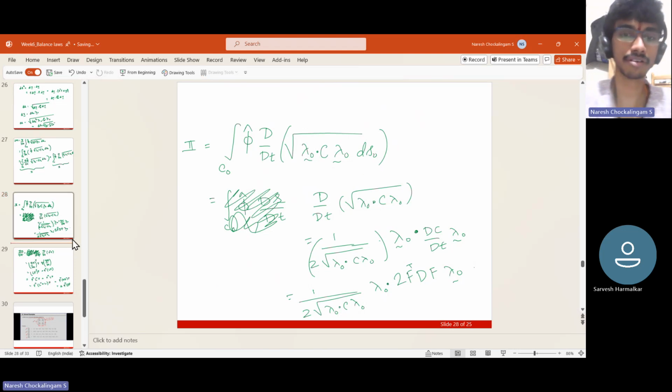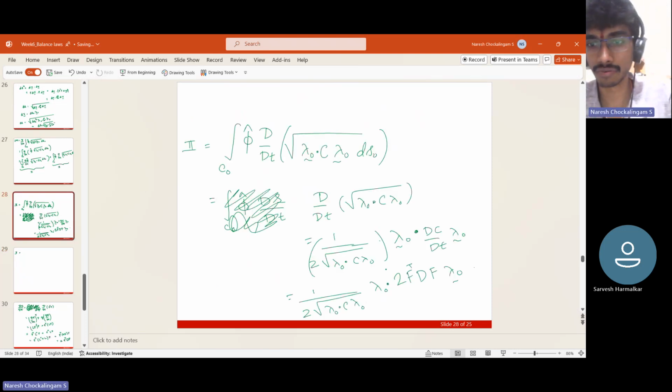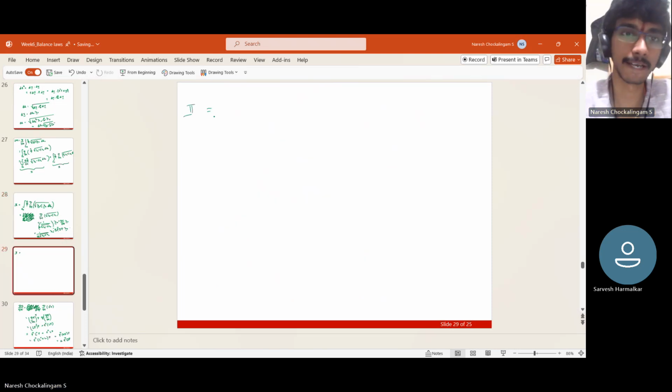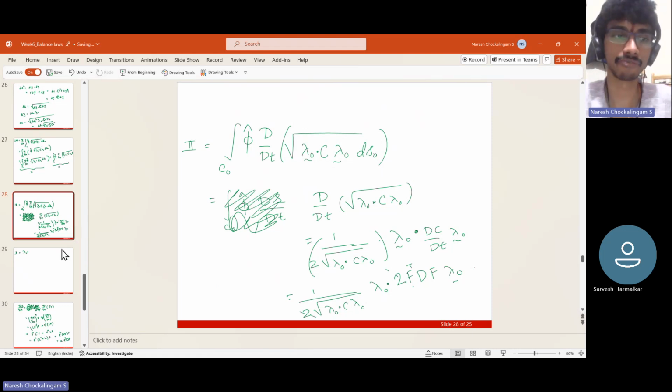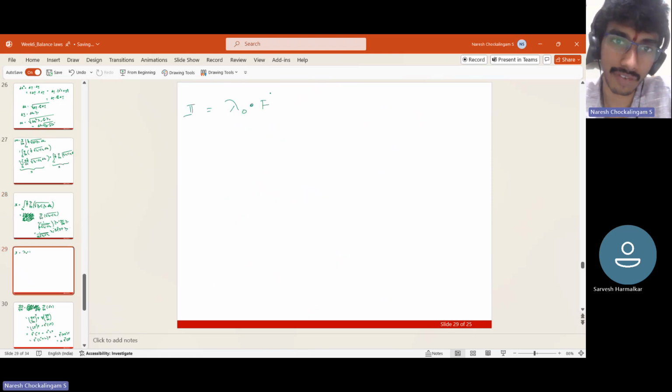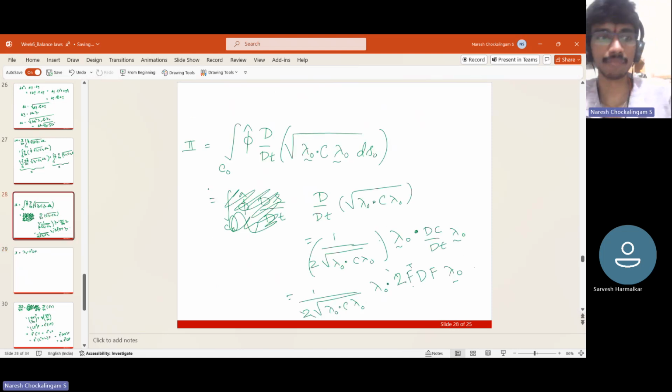So the term 2 is equal to, this 2 and 2 get cancelled, this 2 and this 2 get cancelled. So you get lambda naught dot F transpose D F. This is a tensor that acts on lambda naught.